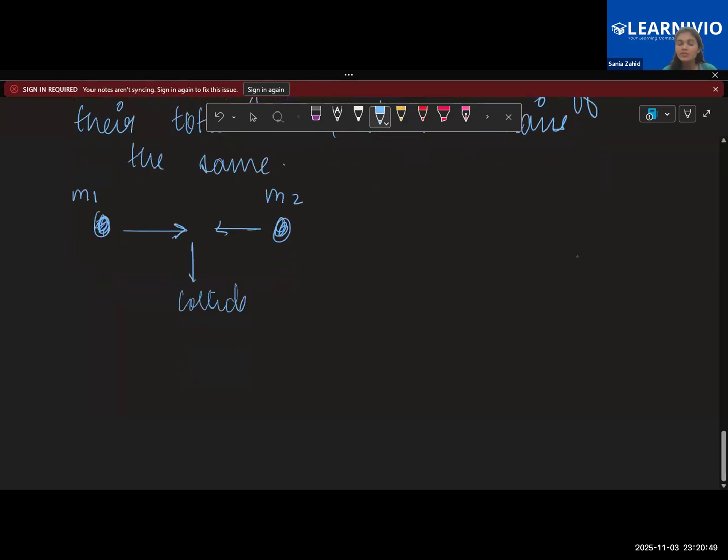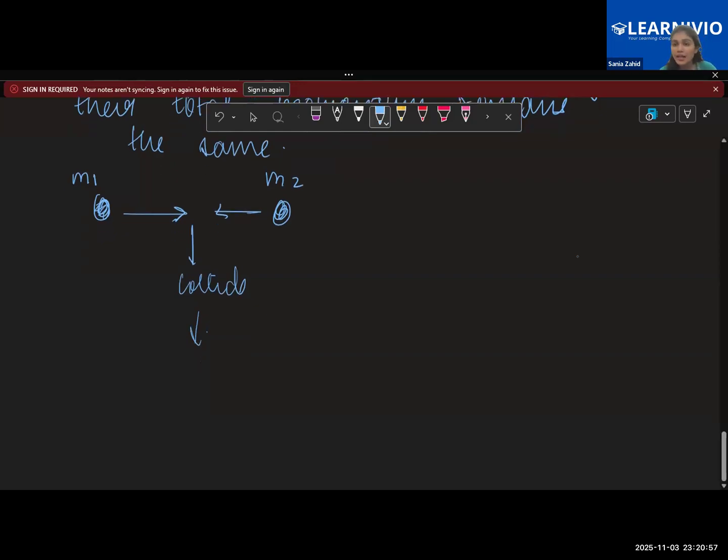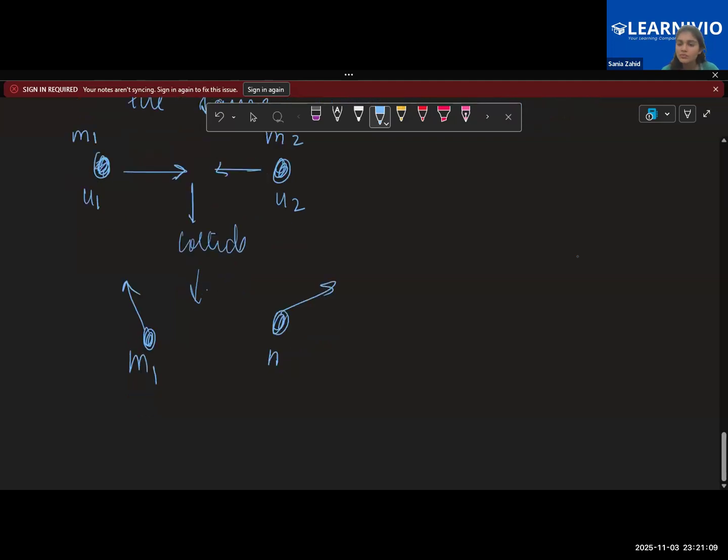What will happen once they collide? Their momentum will remain the same. Before colliding, they might be moving in different directions with different velocities. So this is u1, this is u2. Let's suppose after colliding, this object goes over here and this object goes over here. This is m1, this is m2, this is v1 and this is v2.